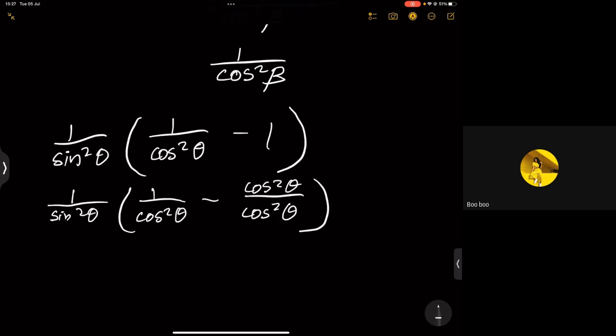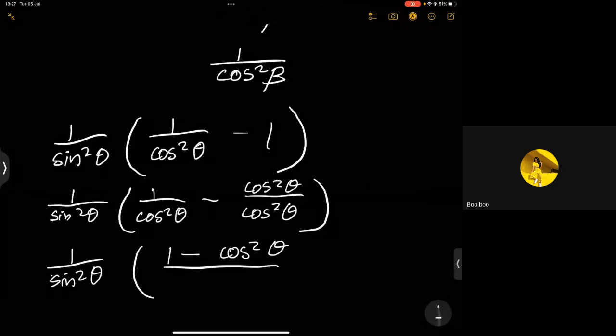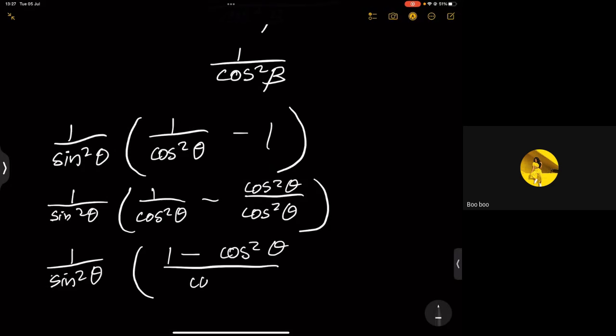Then I would write the fraction in the bracket as 1 minus cos squared theta over cos squared theta. So that would be 1 minus cos squared of theta divided by cos squared of theta.